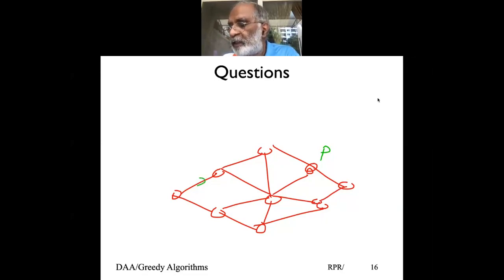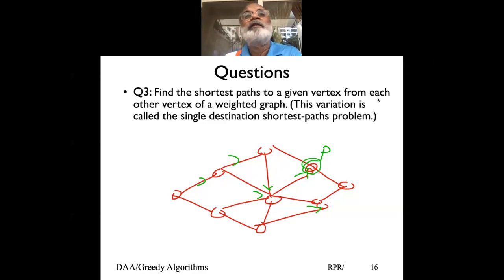This is a directed graph. For a directed graph, we would like to know what is the shortest distance to node P from all other nodes. So we are doing Dijkstra algorithm in reverse.